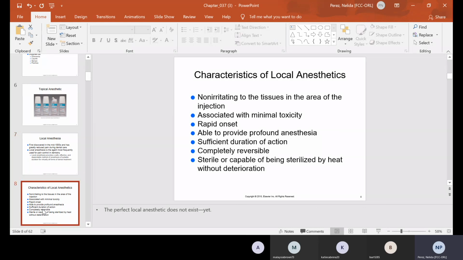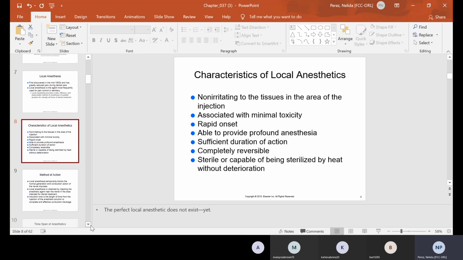The characteristics of local is non-irritating to the tissues in the area of the injection. It's associated with minimal toxicity, rapid onset, able to provide profound anesthesia, sufficient duration of action, completely reversible, sterile or capable of being sterilized by heat without deterioration.